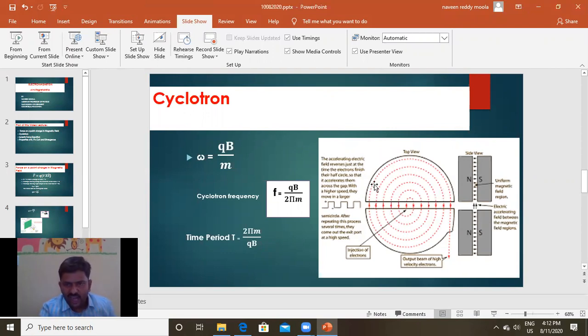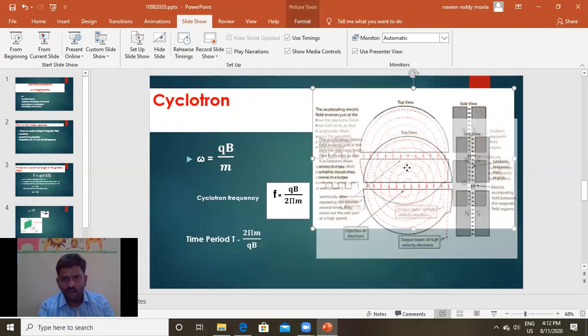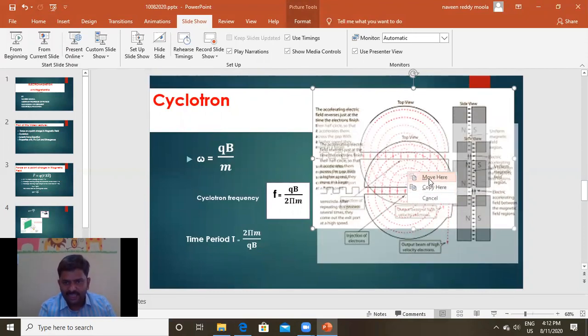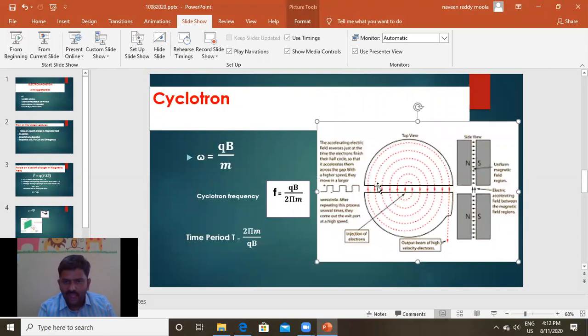As shown in the figure, there are two Ds. A powerful magnetic field is established in these two D shapes. Once the charged particle enters this field, it performs circular motion, and when it comes out of this D, in between these two Ds, we apply some electric field to increase its acceleration.